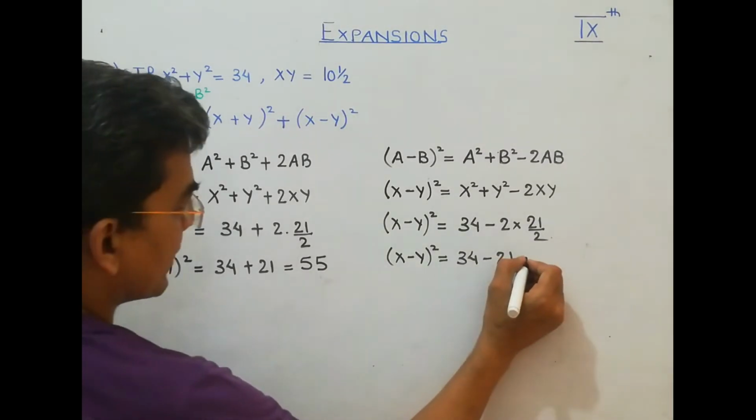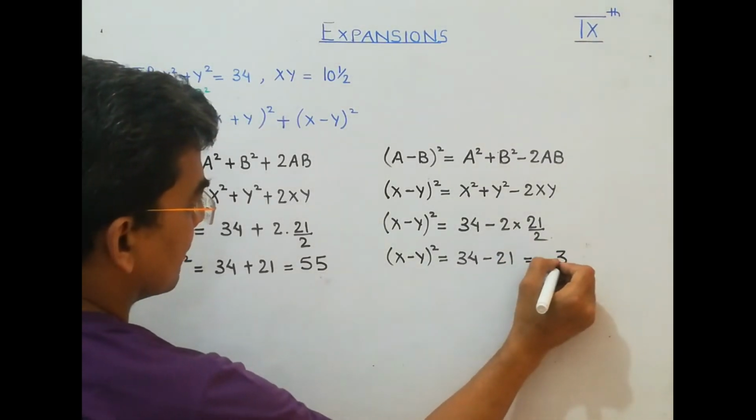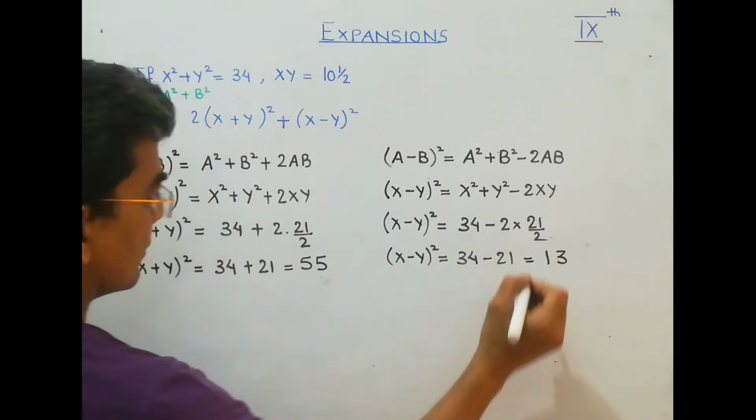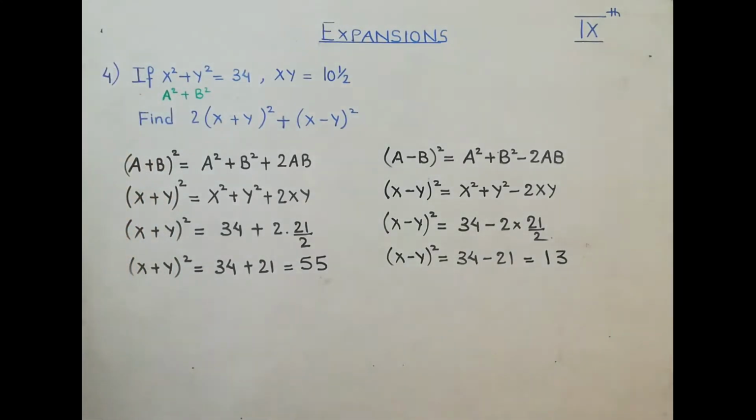So we are getting it as 13. So (x minus y) whole square we are getting as 13.